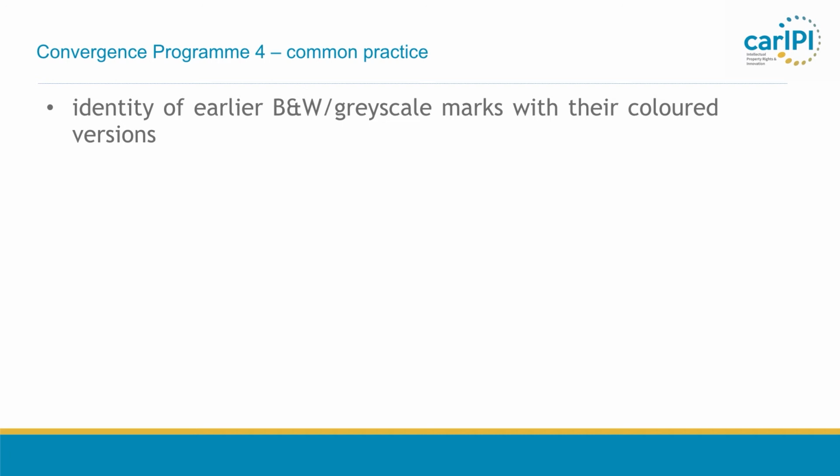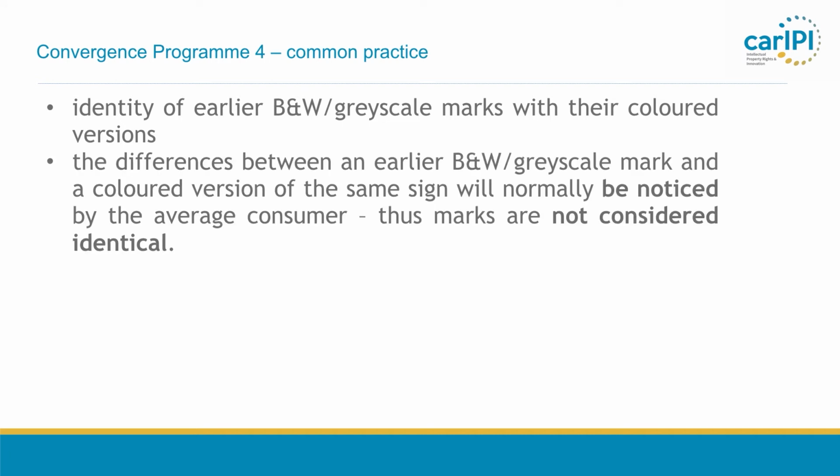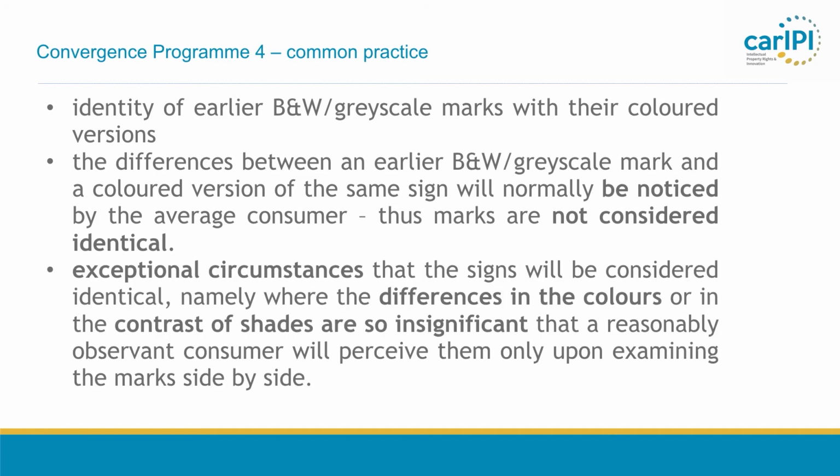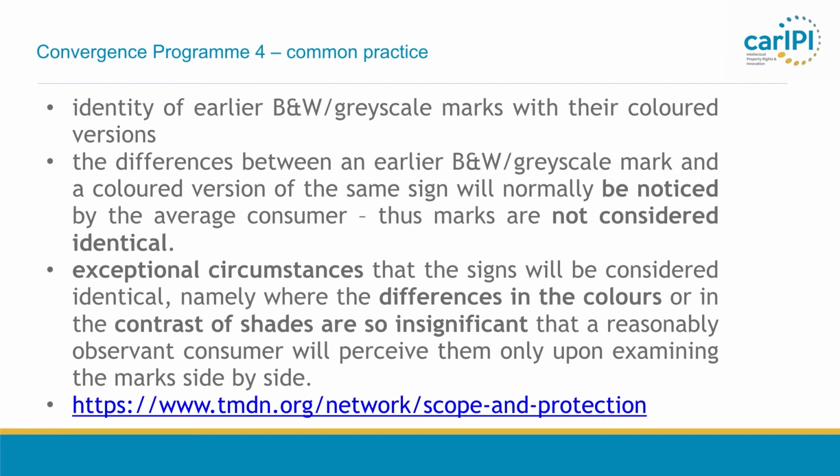And basically it was considered that normally the differences between a black and white or grayscale mark and the colored version would be noticed, so they are not identical, but they could be in exceptional circumstances if the differences in contrast or in color are insignificant. So in a similar approach as the one that I have already mentioned to you.